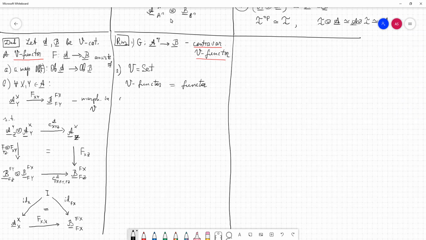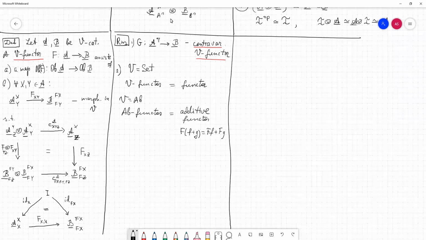If V is Ab, then what is an Ab functor? An Ab functor is an additive functor. So F of f plus g equals F of f plus F of g, as you are used to.